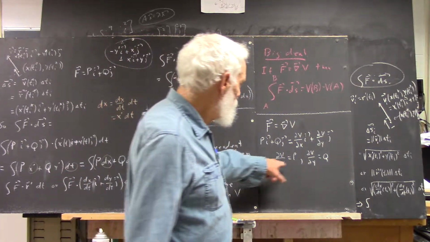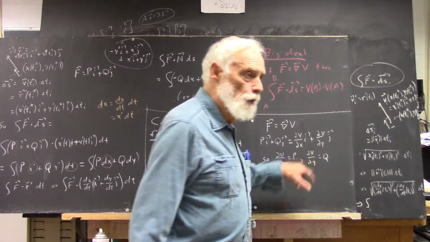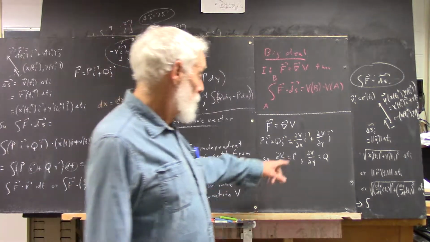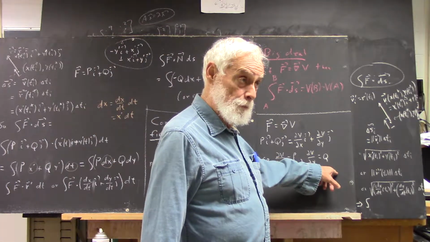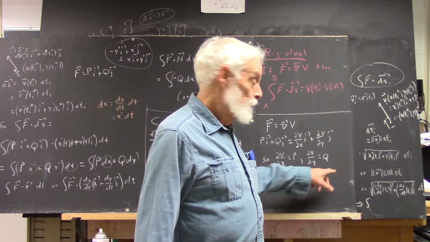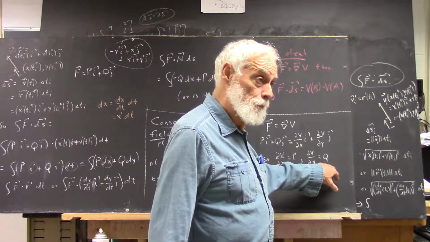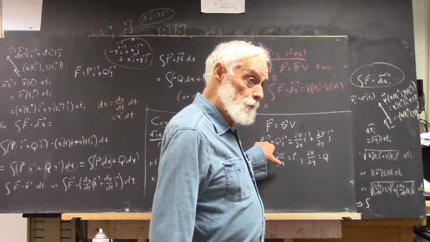So we have two equations for our v function. We'll assume that p and q are known. So if we know p and q, how do we get v?